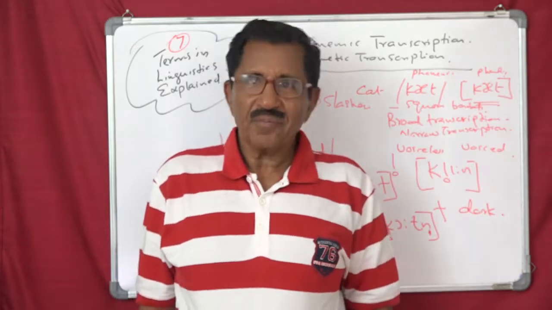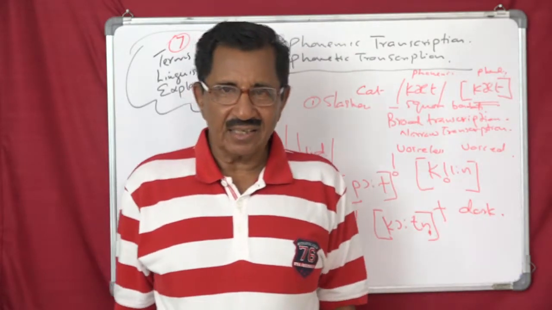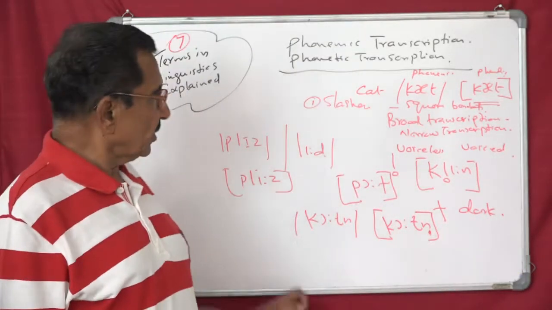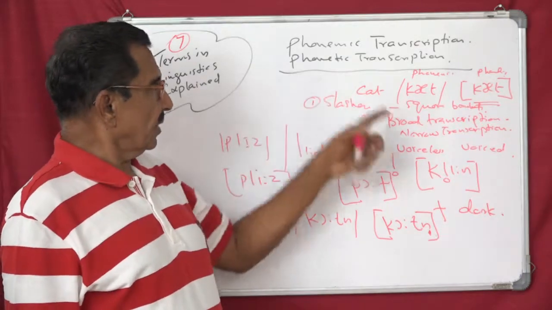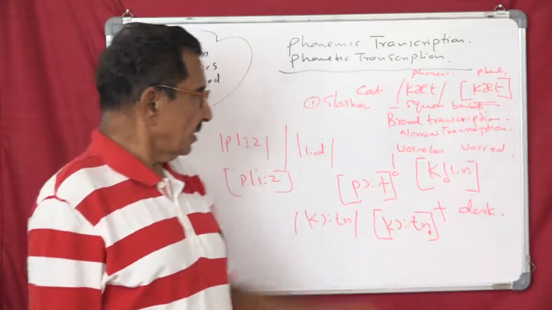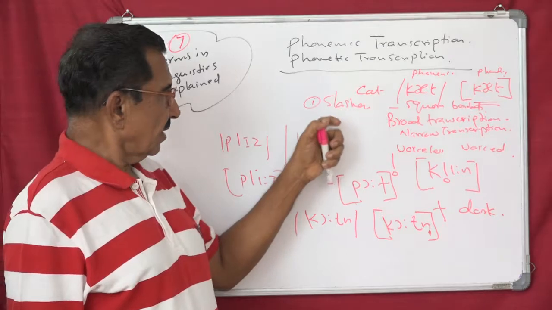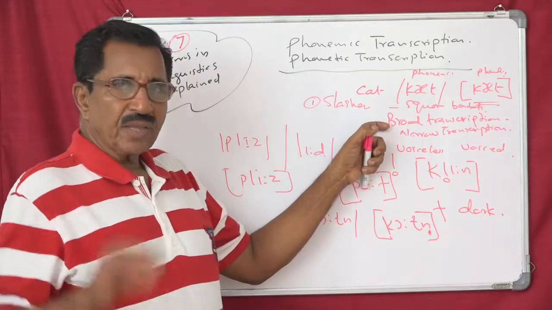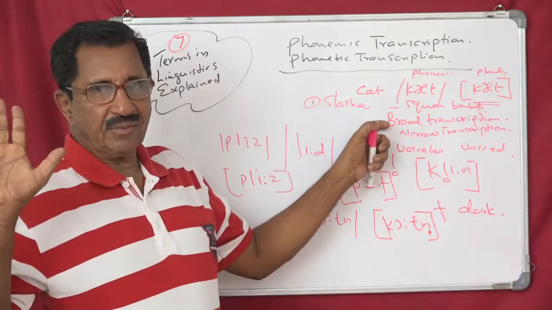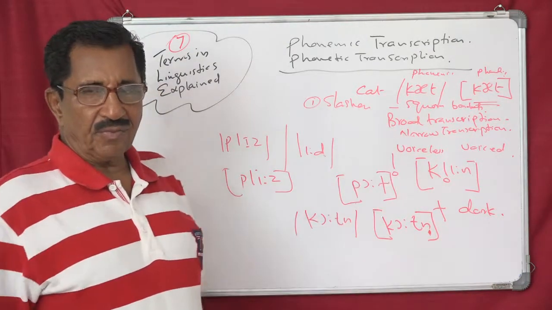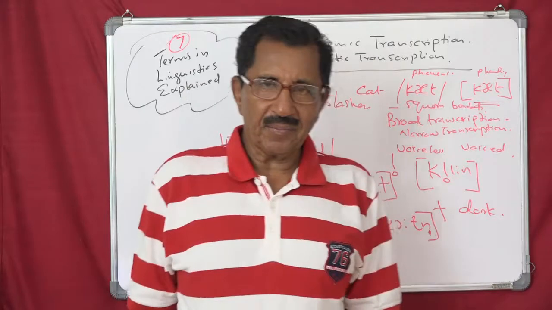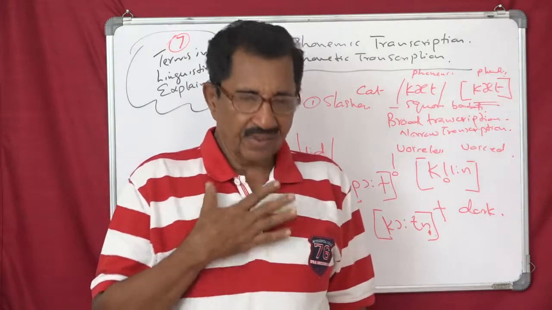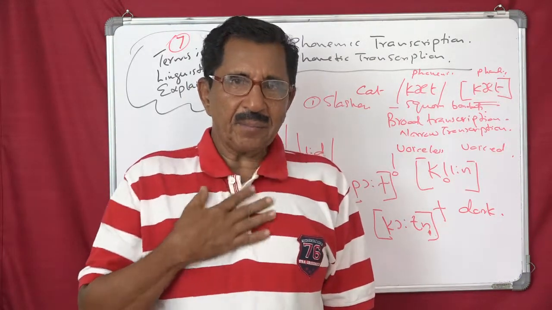Understand? So these are the points to know. Phonemic: slashes. Phonetic: square brackets. Phonemic is broad, meaning no additional information is given. That is what broad means. For example, here, this is my t-shirt, a plain t-shirt.